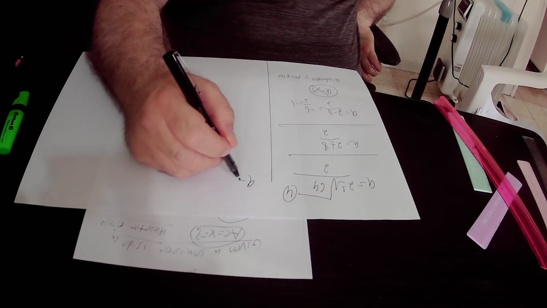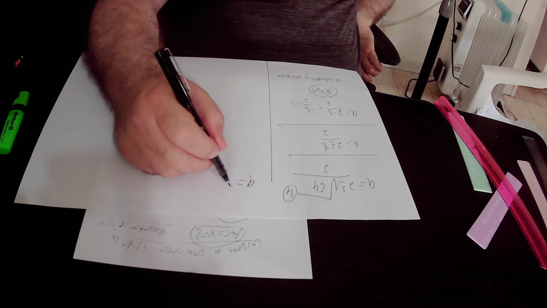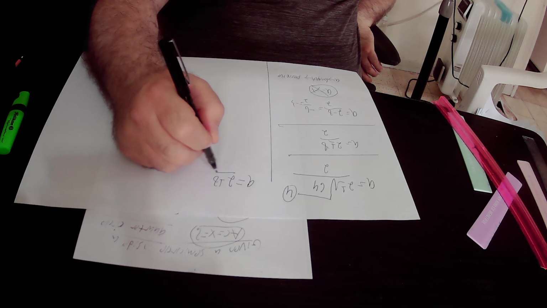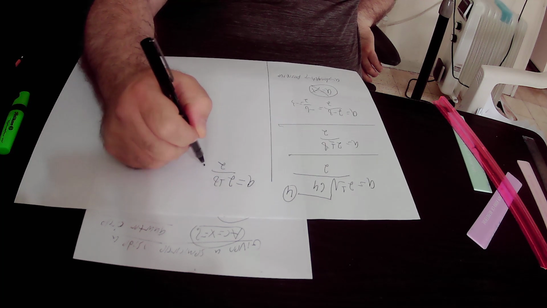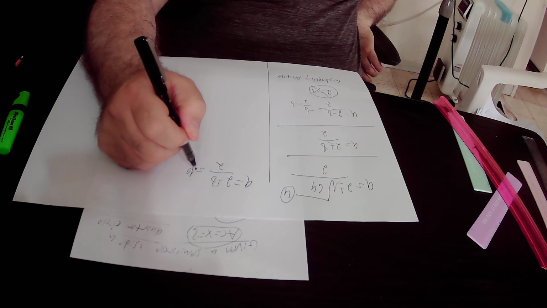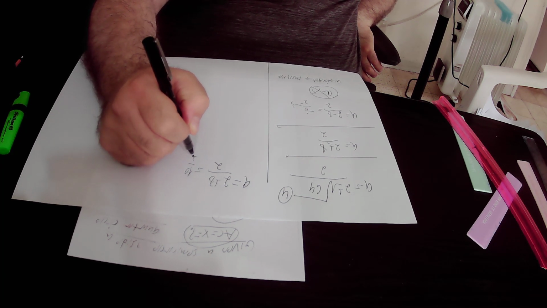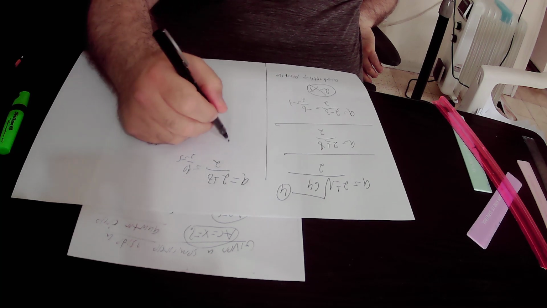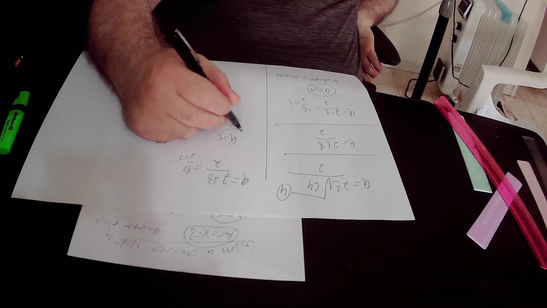that a equals 2 plus 8 over 2. 2 plus 8 is 10, and 10 over 2 is 5. So we found out that a equals 5 units.